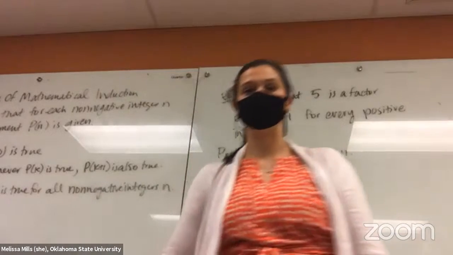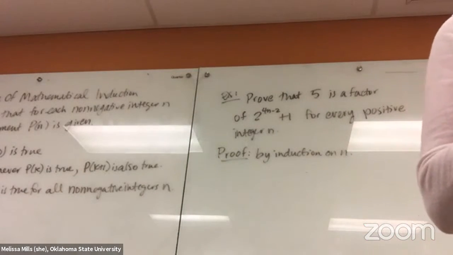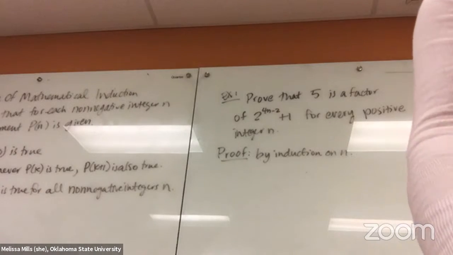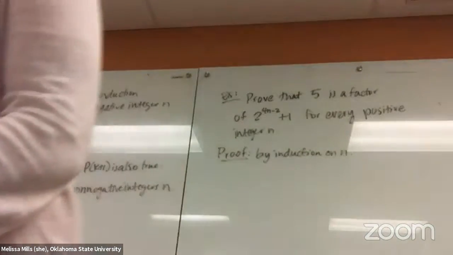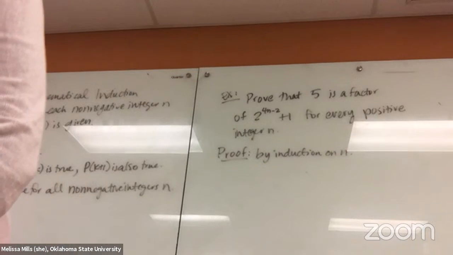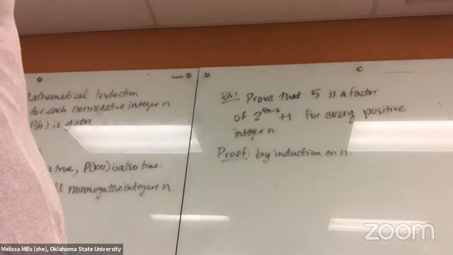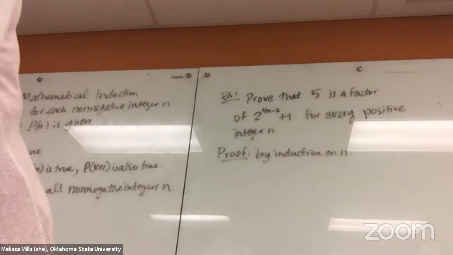So we're dealing with 5 dividing 2 to the power 4. Assume 5 divides 2 to the power 4.